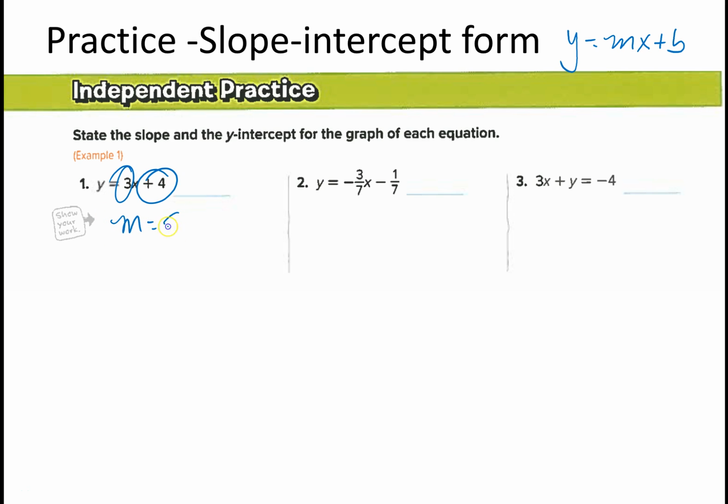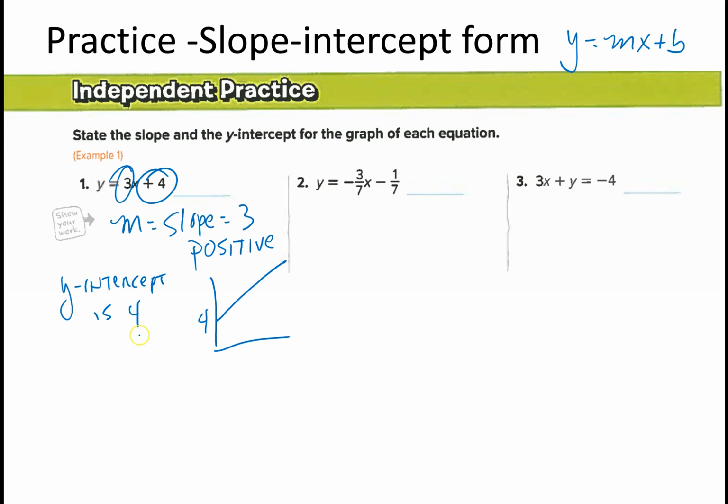My slope is 3, and it's positive, and my y-intercept is 4. You can see the y-intercept written like this, (0, 4), because it's at point (0, 4).